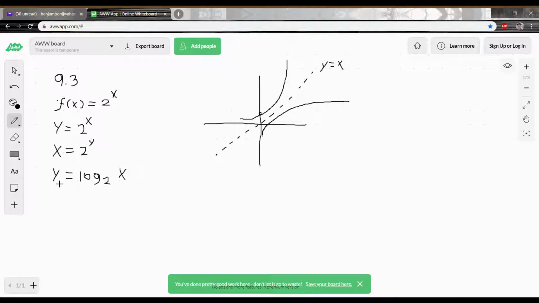What this means is that y is equal to the exponent of a base 2 that gives us x. Now, this is kind of confusing, so we're going to do a couple examples to help you get familiar with this logarithm form.